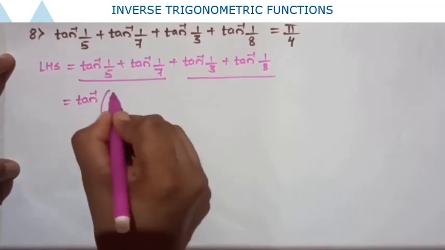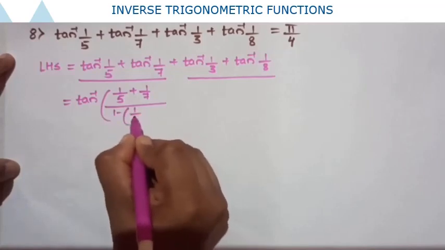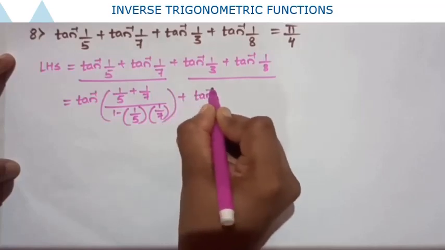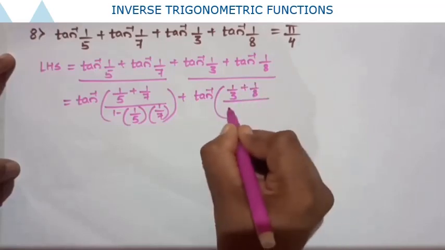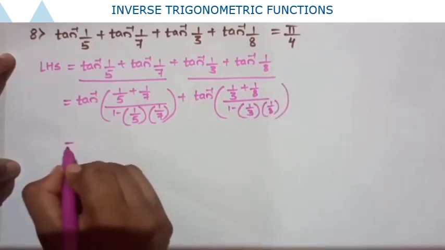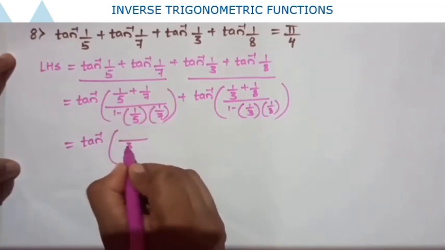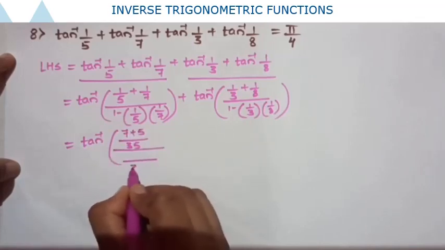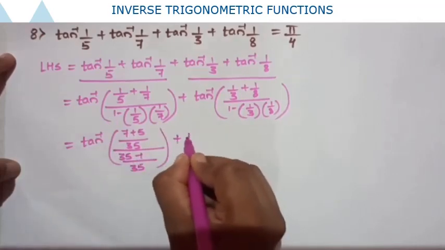So tan inverse x plus tan inverse y is tan inverse of x plus y whole divided by 1 minus x into y, plus, and this also tan inverse of x plus y by 1 minus xy. Here also we can apply property number 6. Simplify this one. What is the LCM in the numerator? The LCM in the numerator is 35, multiplied with 7 plus 5, whole divided by the denominator, whose LCM is also 35, multiplied with 35 minus 1, plus tan inverse.